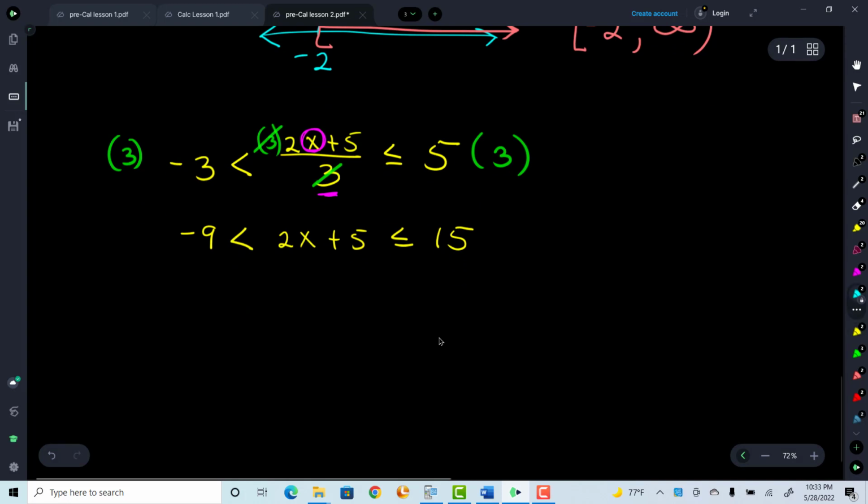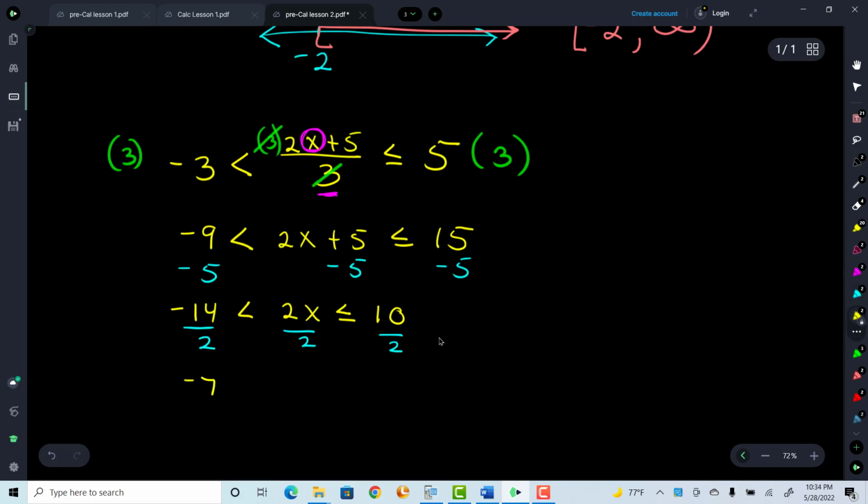So we're going to subtract 5, but we have to do it everywhere. So this becomes -14 less than 2x less than or equal to 10. And then I'm going to divide by 2. Remember, we're trying to isolate the x. So now we have -7 less than x less than or equal to 5. There's my solution.